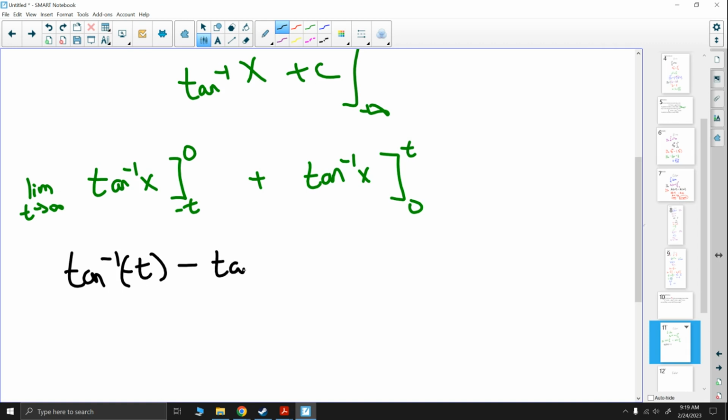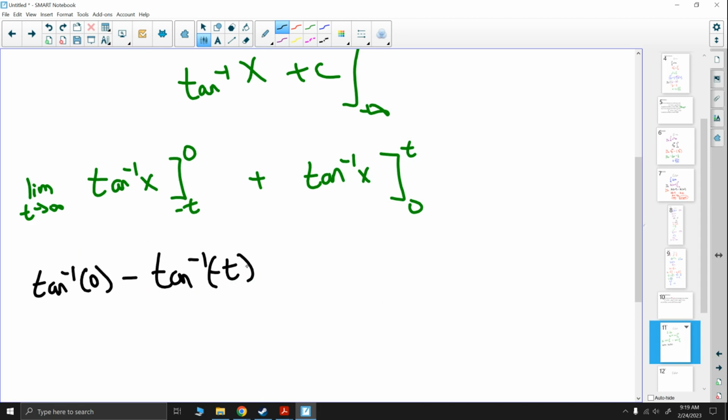Oh, I'm sorry, we actually have the top one caught up. Tangent inverse of 0 minus tangent inverse of negative t plus tangent inverse of t minus tangent inverse of 0.